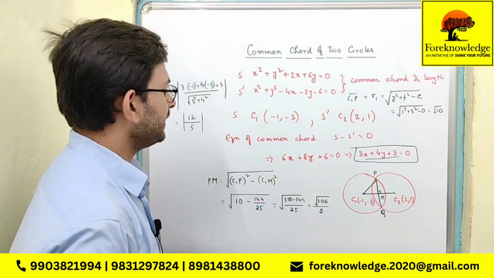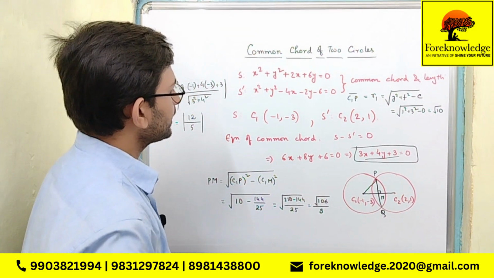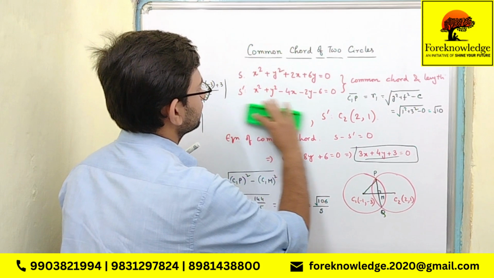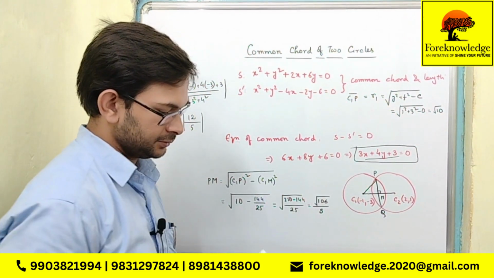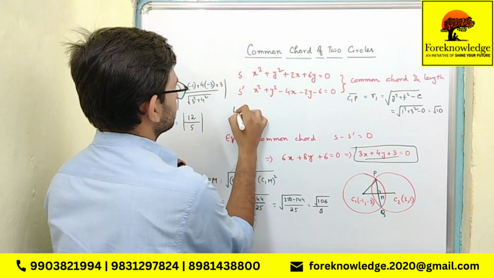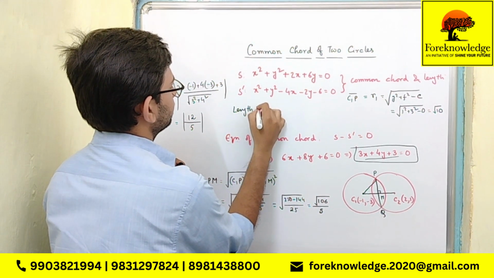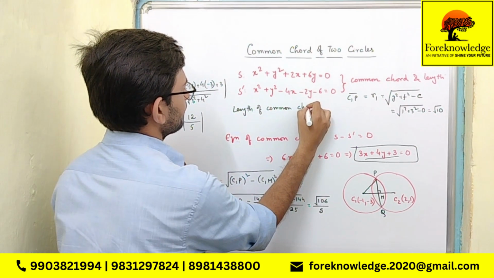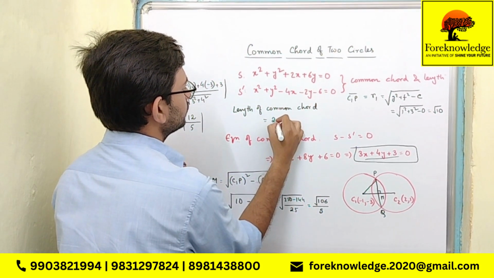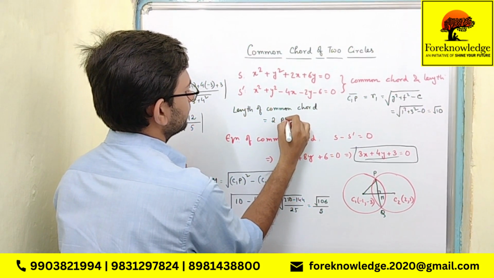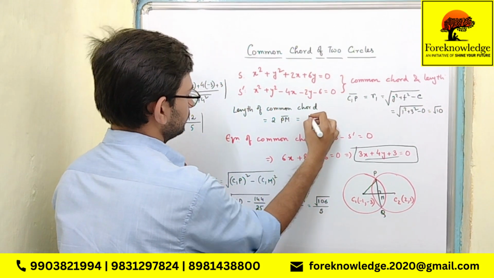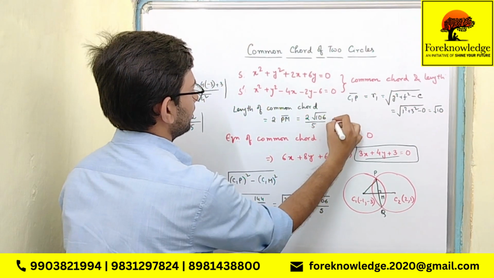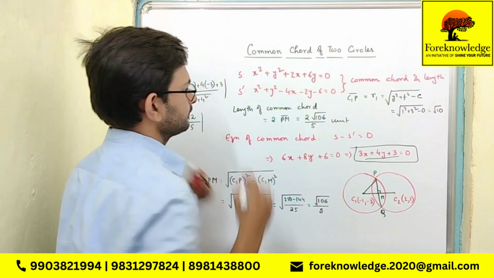So the length of the common chord equal to 2 into PM equal to 2 times root 106 by 5 unit.